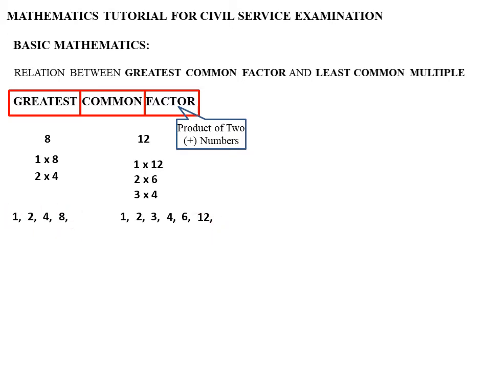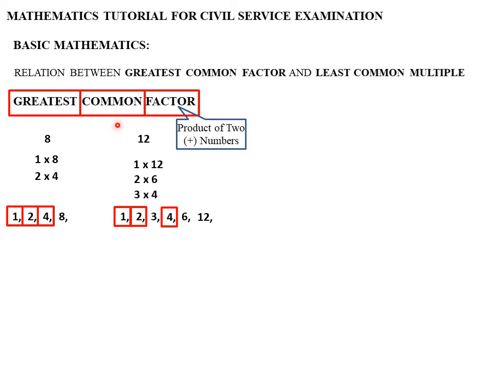So we are done with the computation of factors. We will proceed to the word common. What are their common factors? Their common factors are 1, 2, and 4. So we are done with the word common.